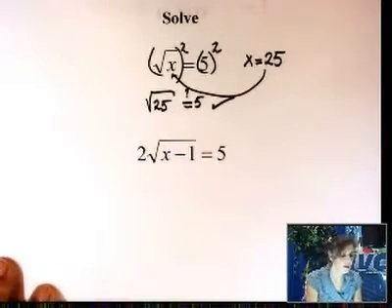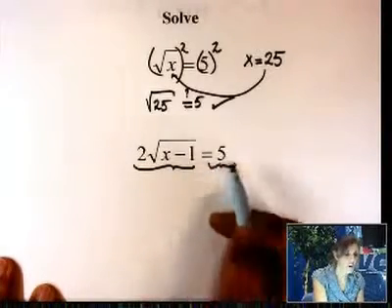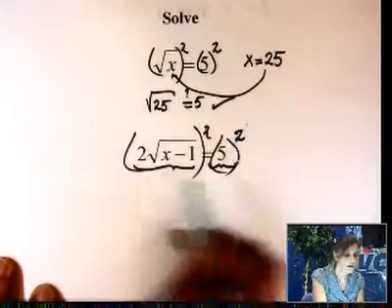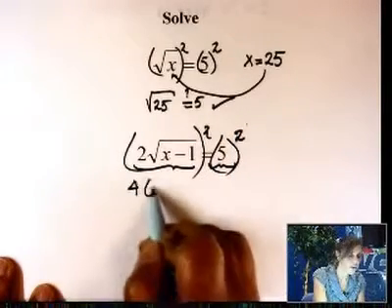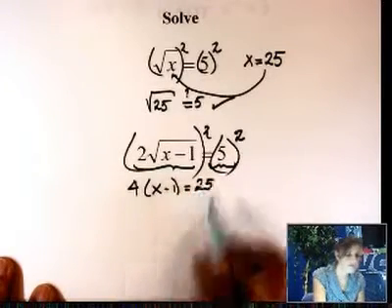How about this one? I'm going to raise this to a power. You're going to have 4 times (x minus 1) equals 25.